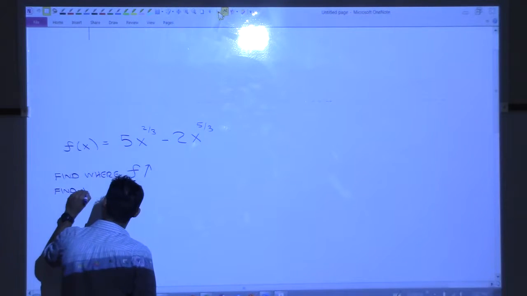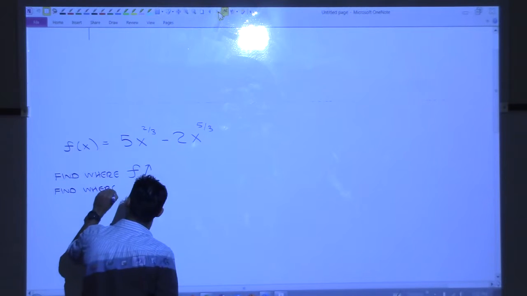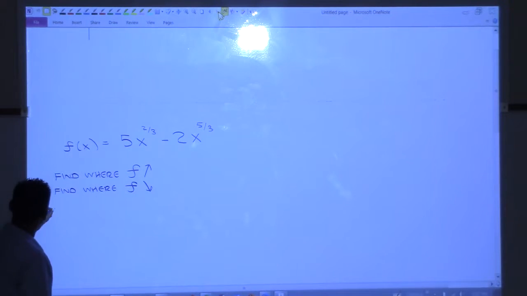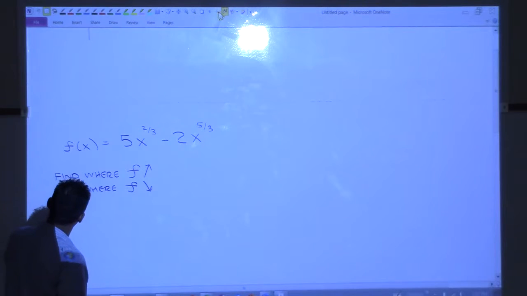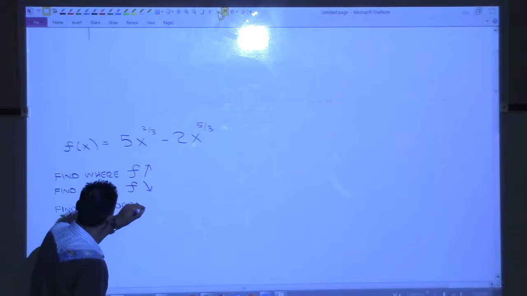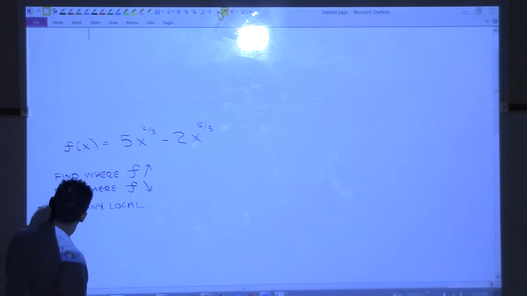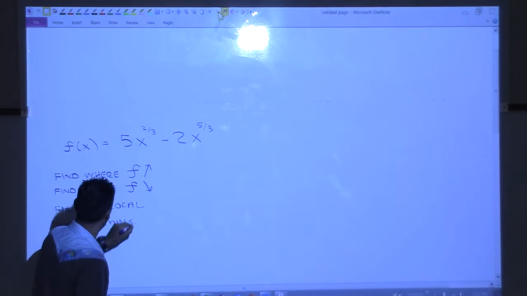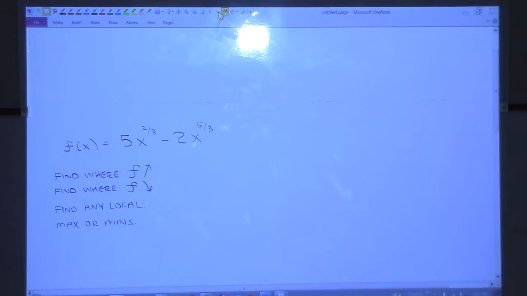Find where f is decreasing. Find any local maximums or minimum values. Right? So there's 3 things that we're looking for here.